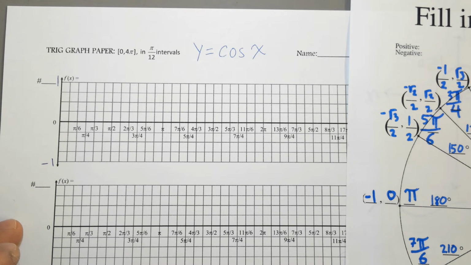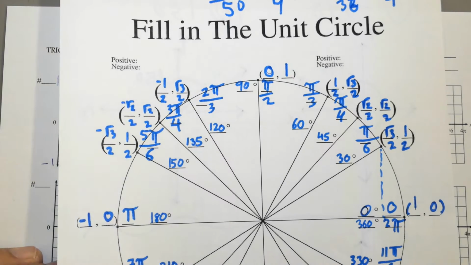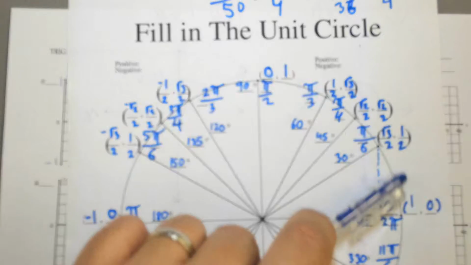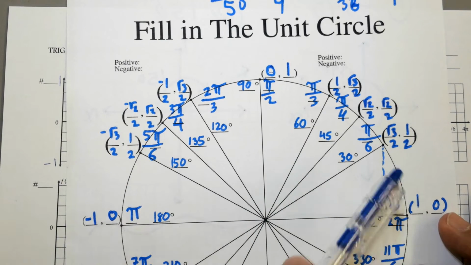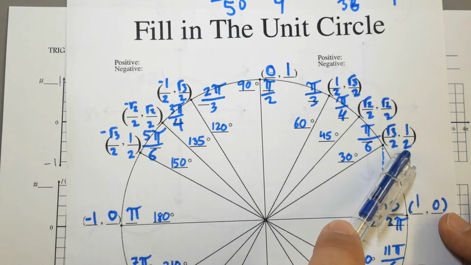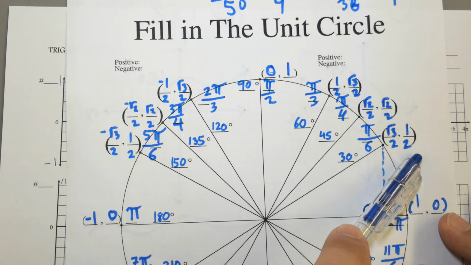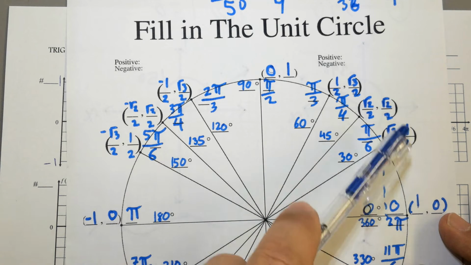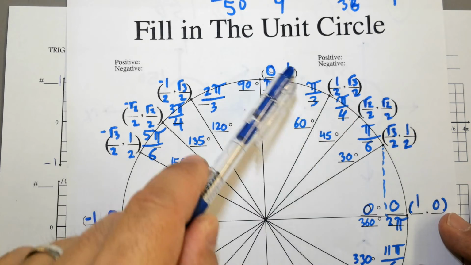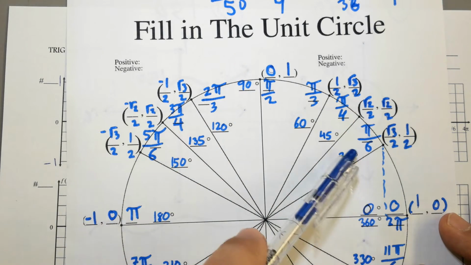Now, it's going to be very similar to when we graphed sine of x, except that instead of looking at our coordinates for our unit circle for the y component, for sine, now we're going to be looking at the x component for each coordinate at the radian measure.